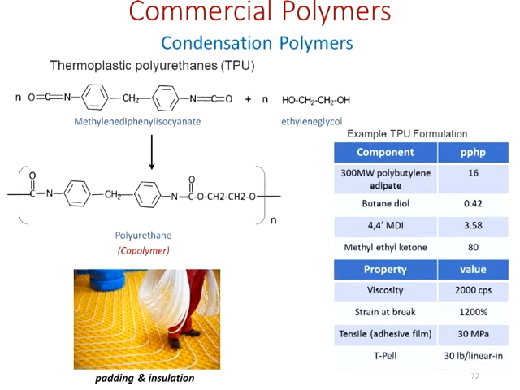Or back to our polyurethane, this isocyanate and the ethylene glycol go together, and once they go together, we get the copolymer polyurethane, which is used for padding and insulation. It's one of the big uses of it, where there's padding to go on or where there's insulation. Polyurethane usually wins the game, and it's used extensively there in the industry. Okay.